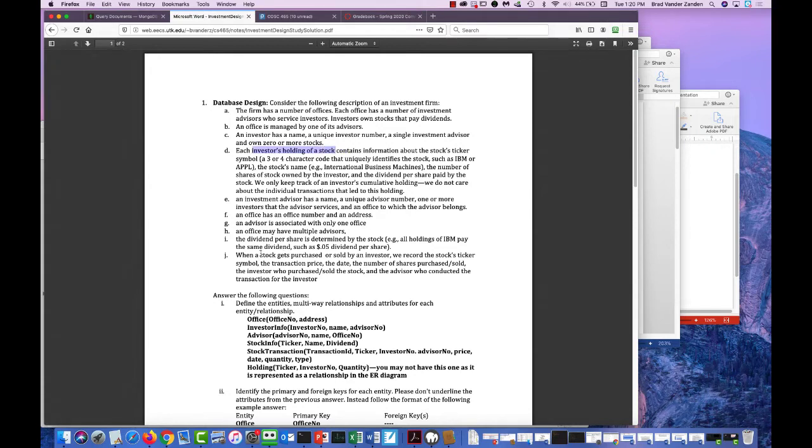Down here, you might have called it transactions, or purchases, but you can't really call it purchases because it was purchased or sold. But a stock is purchased by an investor and the advisor who conducted the transaction. Again, that's sounding like a verb, hence it's a relationship.